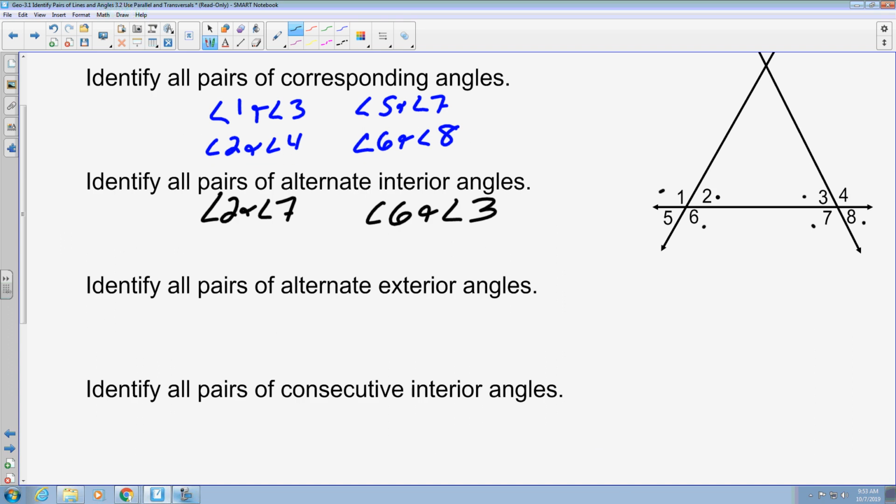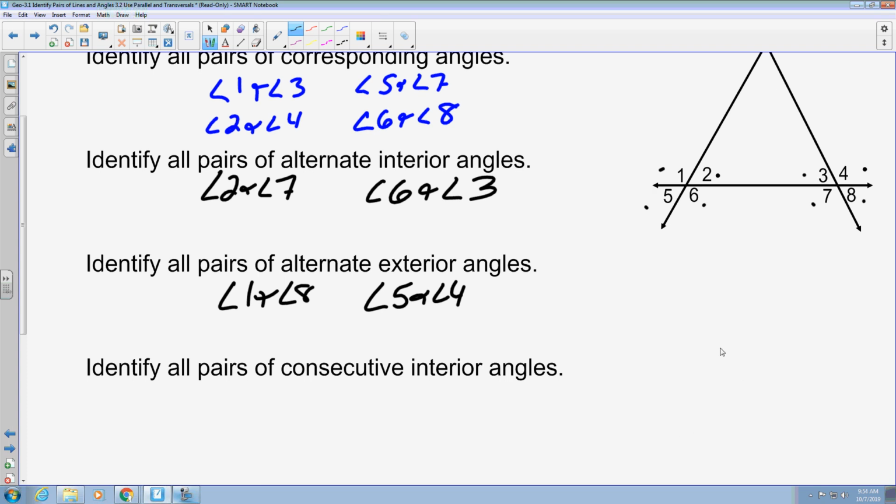So here and here, we've got angle 1 and angle 8, and angle 5 and angle 4. Finally, we've got the pairs of consecutive interior angles. Consecutive interior angles are here and here and here and here. So we've got angle 2 and angle 3, plus angle 6 and angle 7.